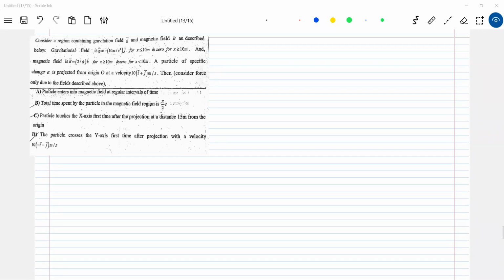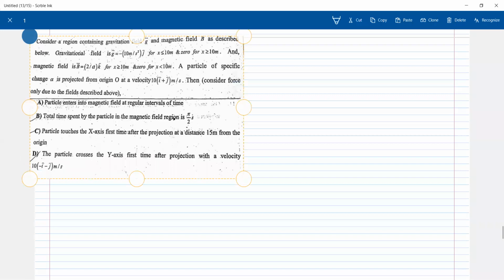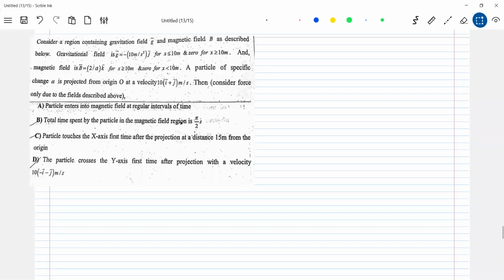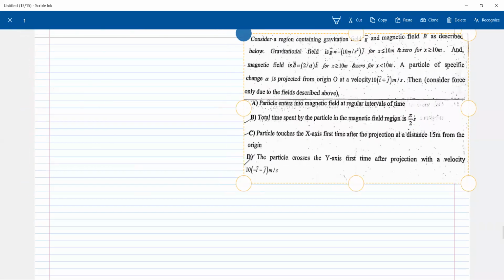B bar is 2 by alpha k cap. Okay, please try to read it. I'm magnifying it. I'm moving it to the right down corner.